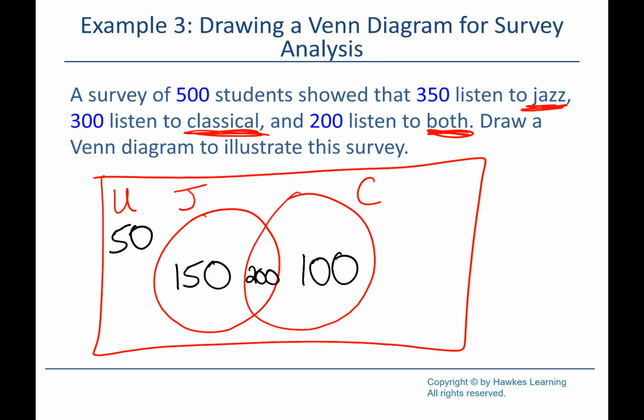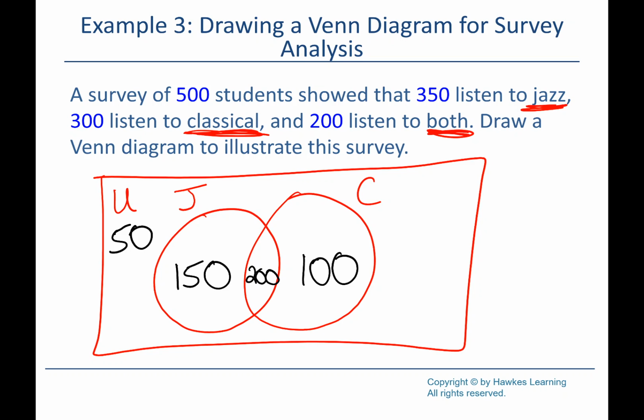Makes sense? We need to go back through what we're subtracting. Like if we're doing the jazz circle, here it says we had 350 that listened to jazz.